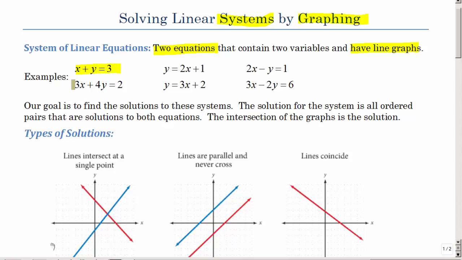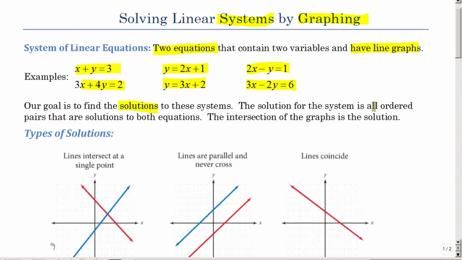For example, this is a system, more than one line. And our goal in this lesson is to see what point or points these lines have in common, because that will be the solutions to these systems.